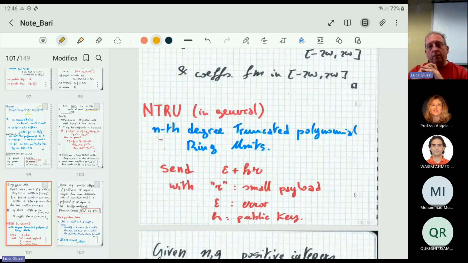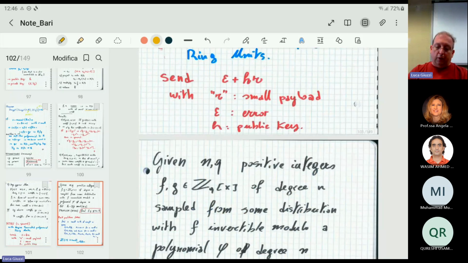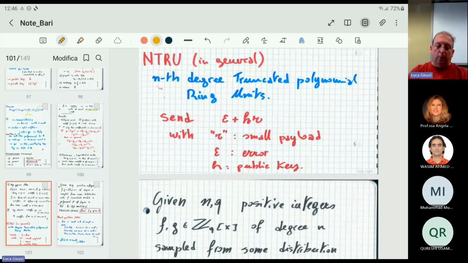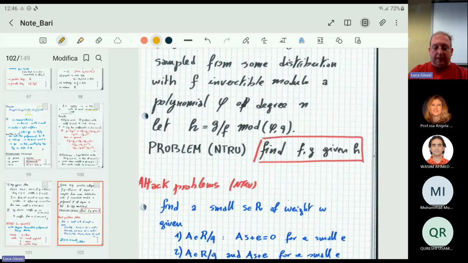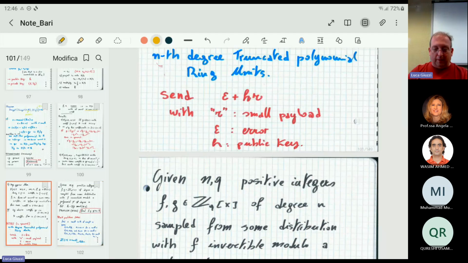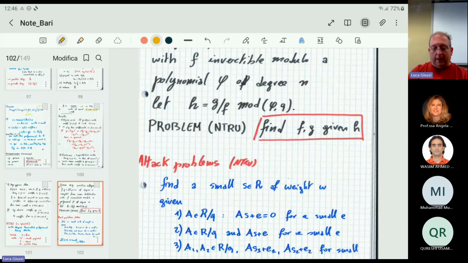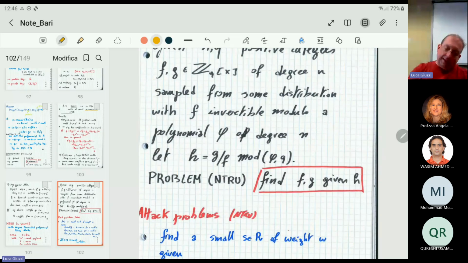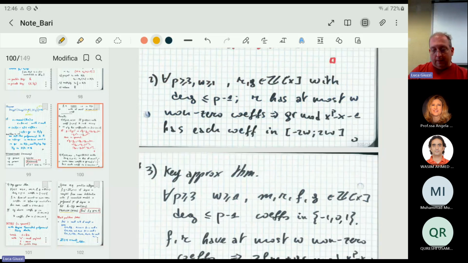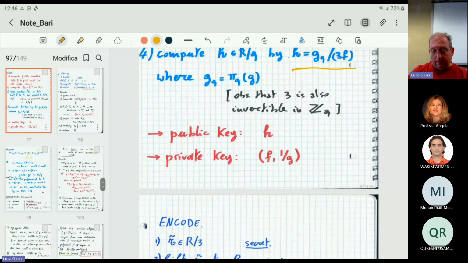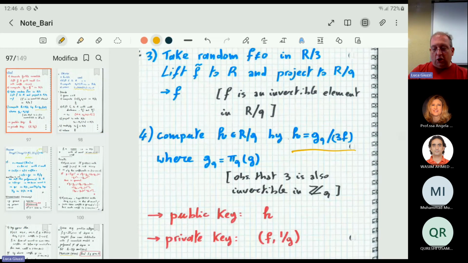Now, before closing today's lecture, here there is a version of NTRU located in a polynomial ring. This is one of the interpretations of NTRU, and it's correct. Here we have the general problem, but what characterizes NTRU is this. NTRU prime as well as NTRU. Recall that in the algorithm before, h is g over f, basically.